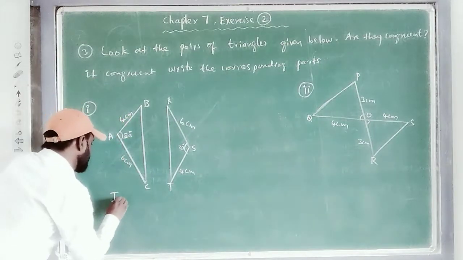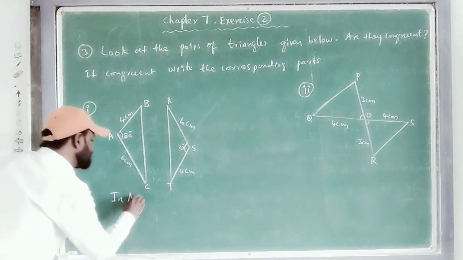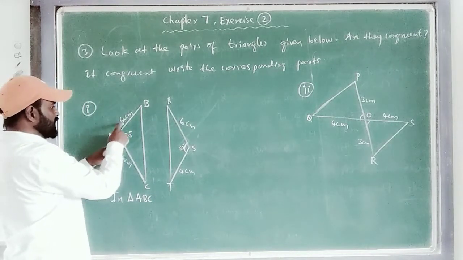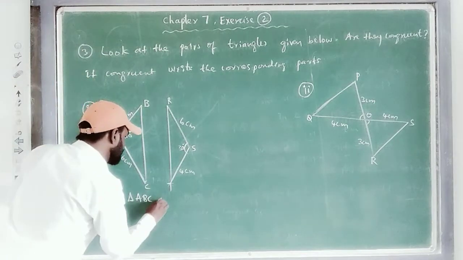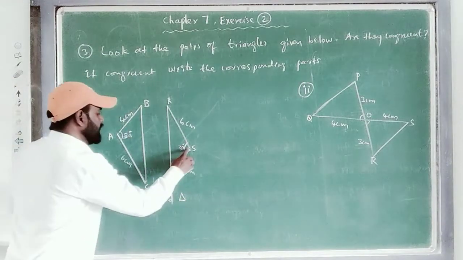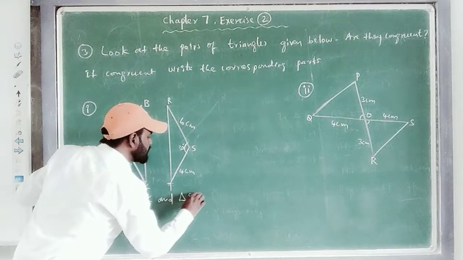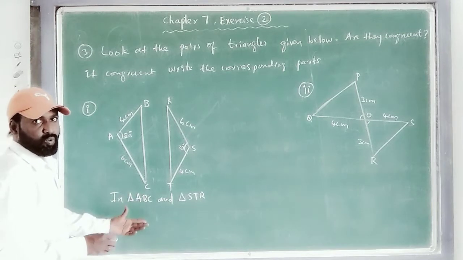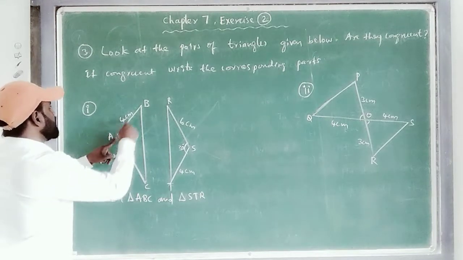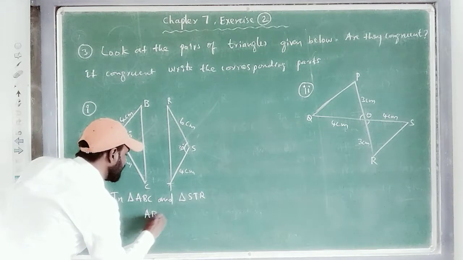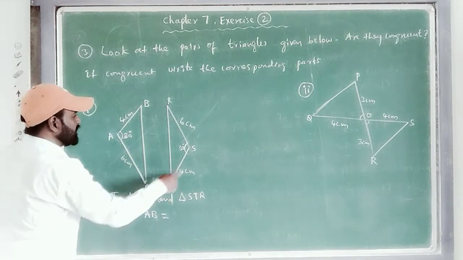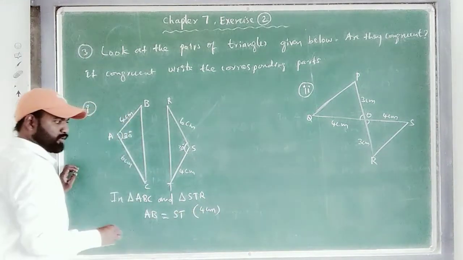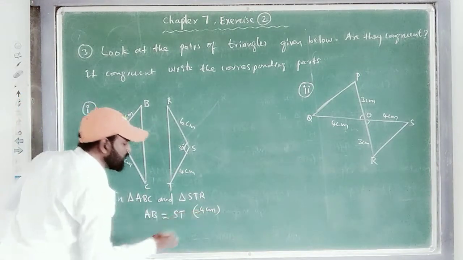Now, let us see. In triangle ABC, AB is 4 centimeters. So here also you have to write it like that. In triangle ABC and triangle STR, they are congruent by the SAS rule. So, corresponding sides: AB is equal to ST, here 4 centimeters, here also 4 centimeters.